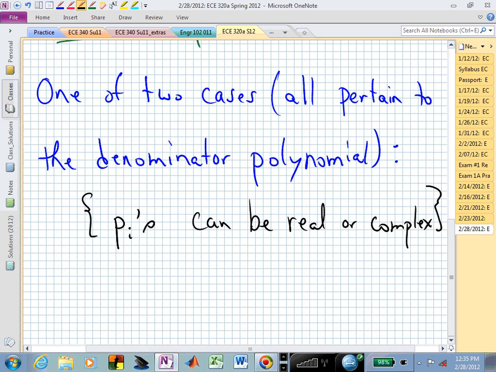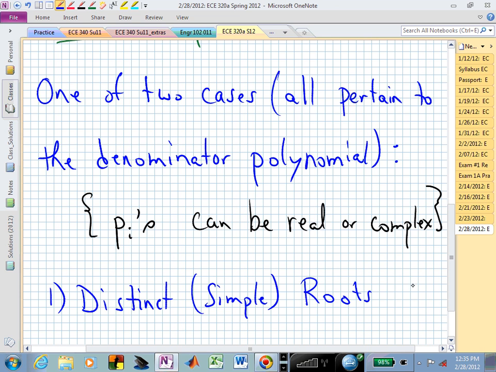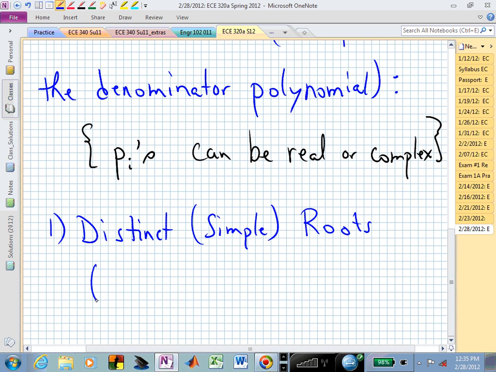Just keep that in mind when we're talking about this. Here are the two cases that I had suggested. The textbook calls them distinct roots, but I may call them simple. So those are interchangeable descriptions of the roots. Again, these are either real or complex.